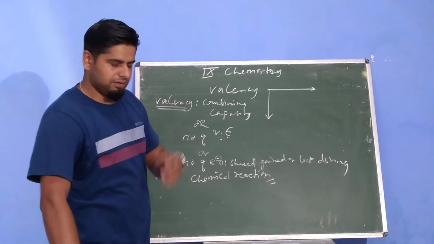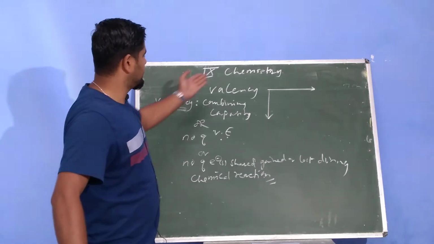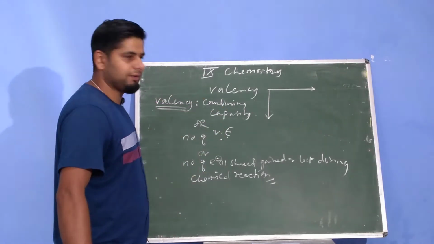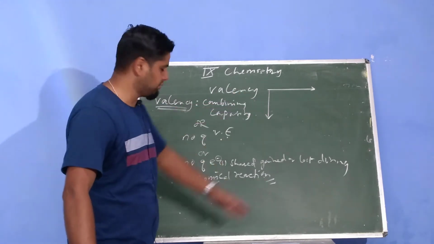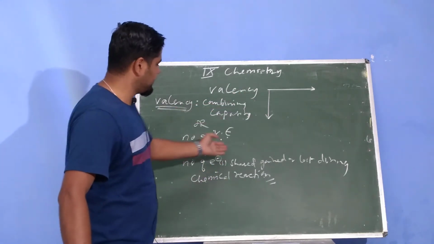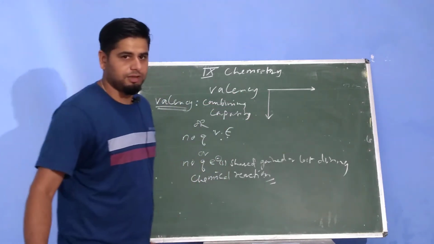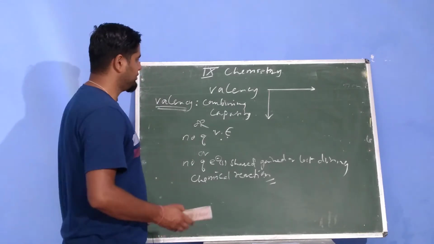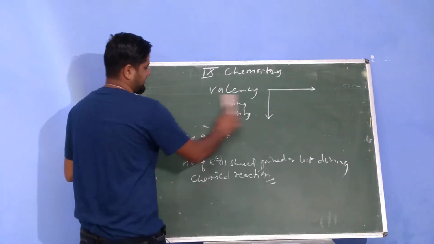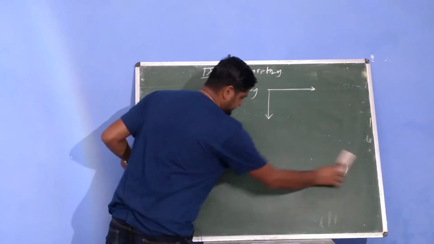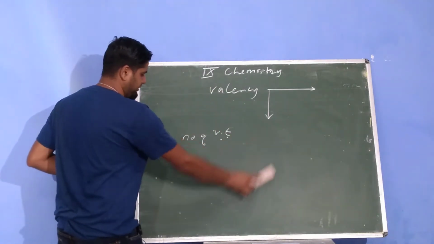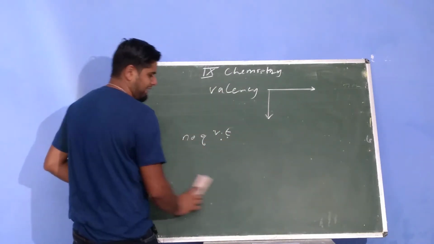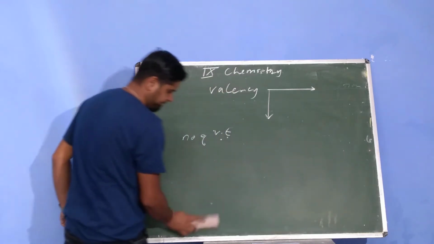Valency can be defined in different ways: number one, combining capacity of an element; number two, number of valence electrons; or number of electrons shared, gained or lost during a chemical reaction. Got it? So we will check the number of valence electrons, and with the help of this, let us find valencies for different elements.